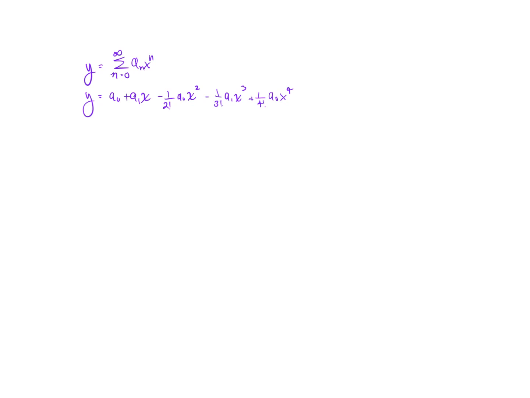And then we have plus 1 over 5 factorial a sub 1 x to the 5th. Minus 1 over 6 factorial a naught x to the 6th. Minus 1 over 7 factorial a1 x to the 7th. And we could continue on and on and on in this series.